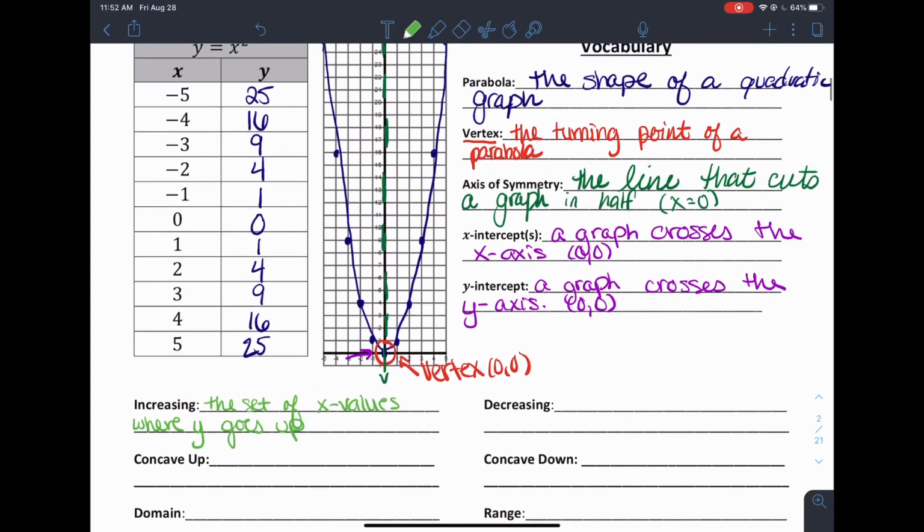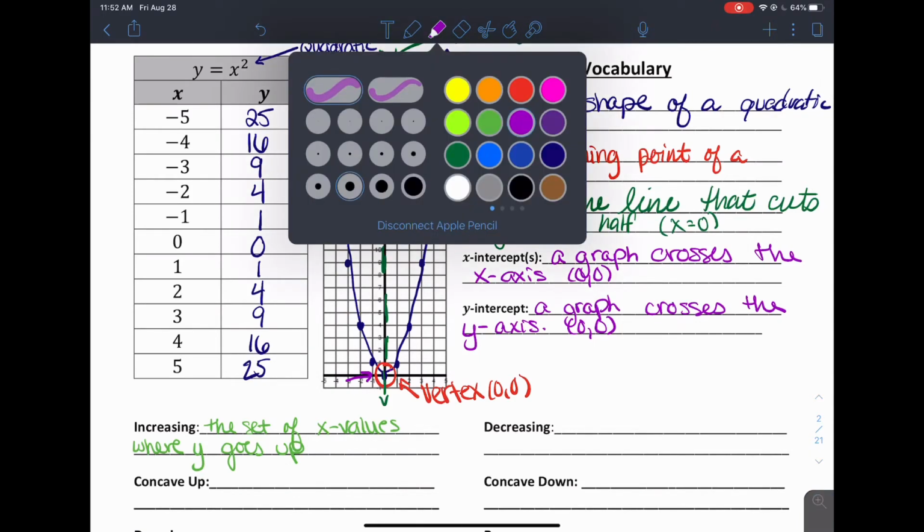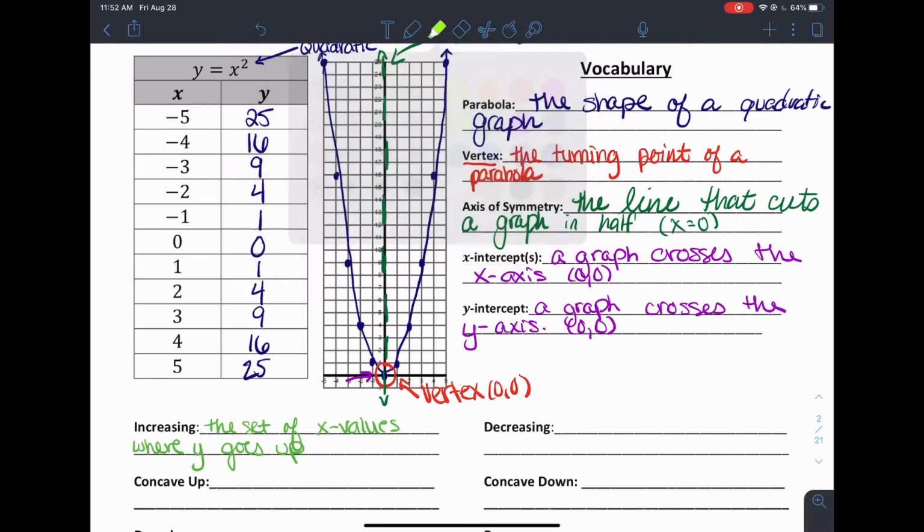And if you look at this graph, I always think to myself, if this was a graph of temperature, where would the temperature be going up? If we read the graph from left to right, it starts going down and then it turns around at the vertex and it starts going up again.